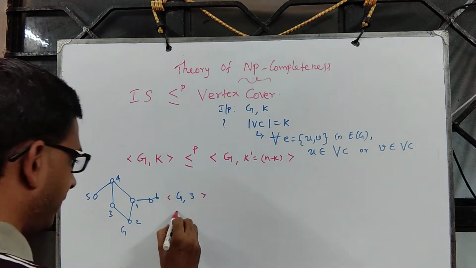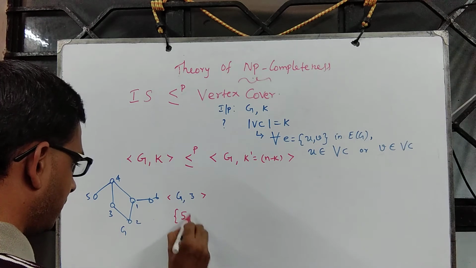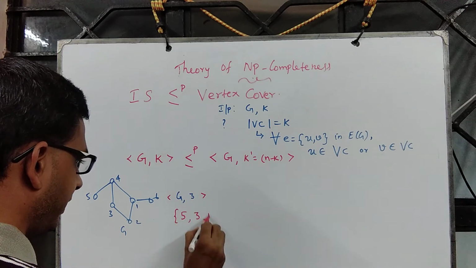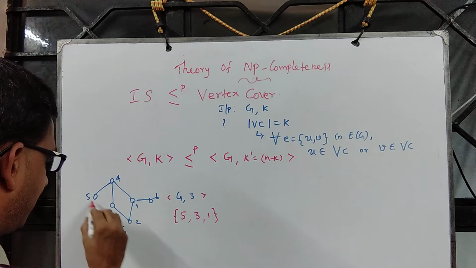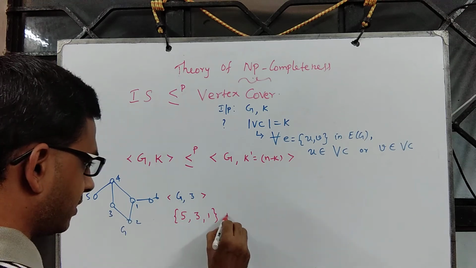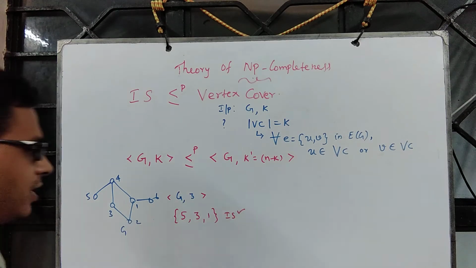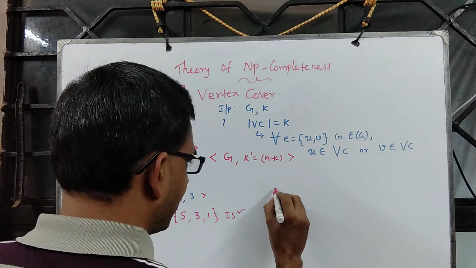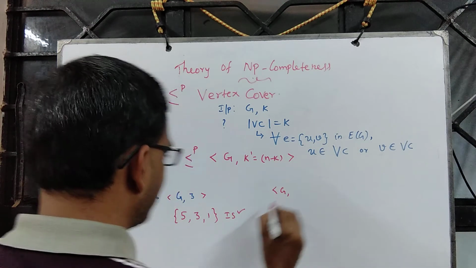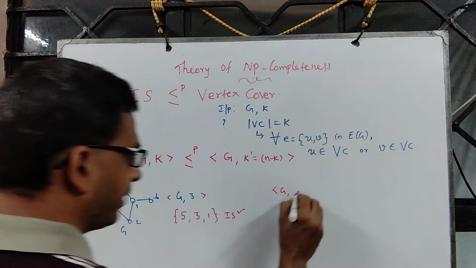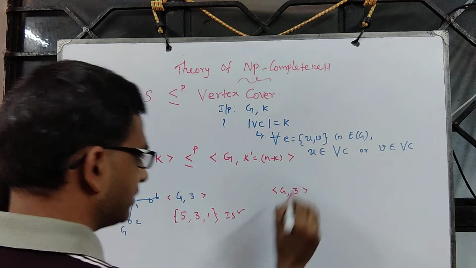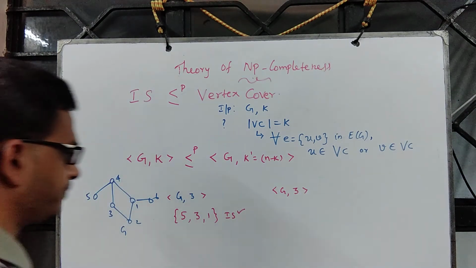Now can we find an independent set of size 3? Suppose you take 5, 3, 1. You see that 5, 3, 1, yes, it is an independent set. Now on this side it is G comma n minus k. n minus k is 6 minus 3, which is also 3.